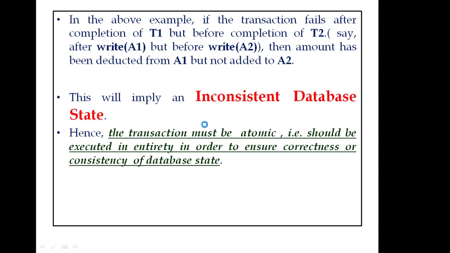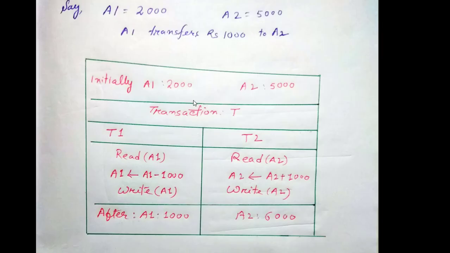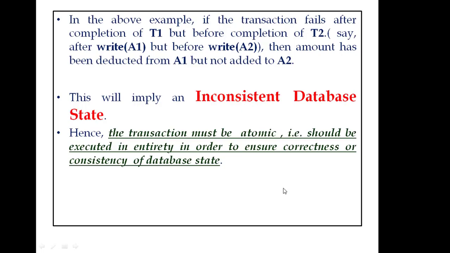The amount has been deducted from A1 but will not be credited to A2, as the changes are not yet made, because the transaction failed before the write A2 operation took place. So the amount is debited from A1 but not credited to A2, and this implies an inconsistent database state.